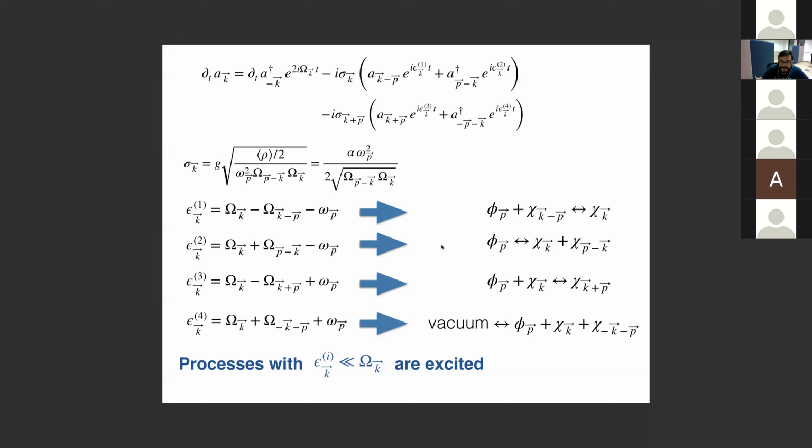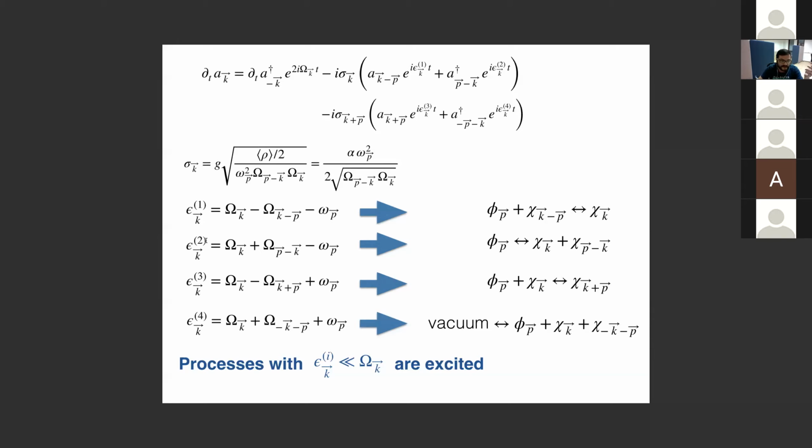For epsilon1, it is interpreted as a process, when it is small, I mean when we are in resonance, in which a particle from the background interacts with a chi particle with momentum k minus p, and it produces a chi particle with momentum k, and so on.